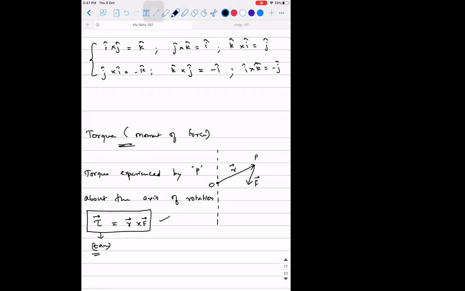So write down this definition: torque as a vector is equal to r vector cross F vector. Okay.